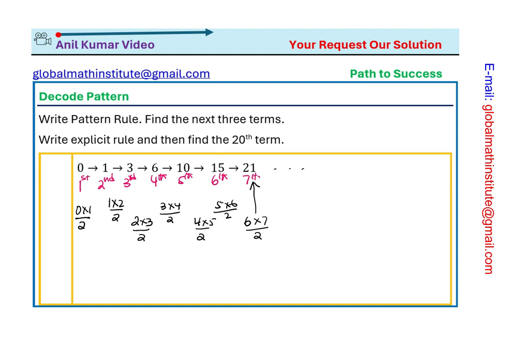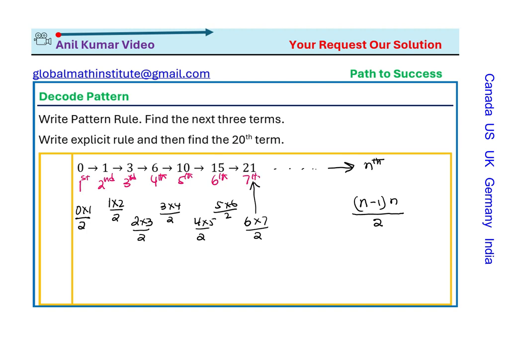So if we continue like this, right, and let's say this is the nth term. So in the nth term, since we have started with 0 in this case, we will have to multiply n minus 1 times n divided by 2.